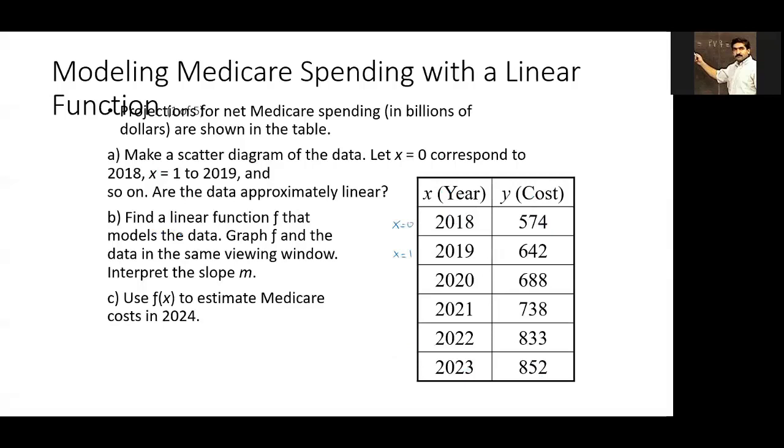We want to find a linear function f that models this data, and graph f and the data in the same viewing window. Interpret the slope m. Use f of x for part C to estimate Medicare costs in 2024. So that's all we have here, this data collected each year.